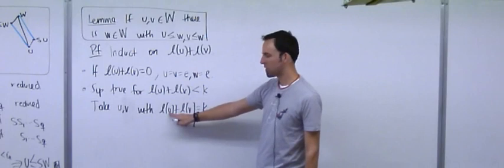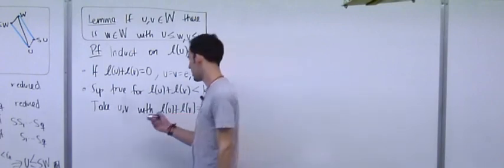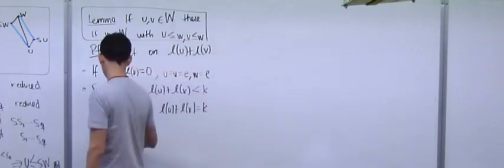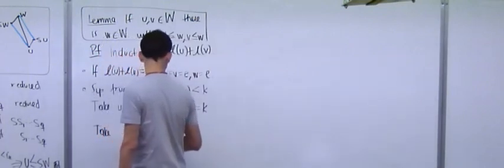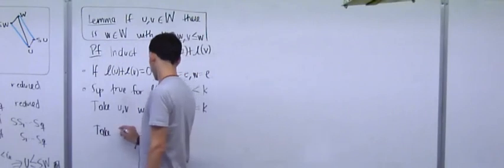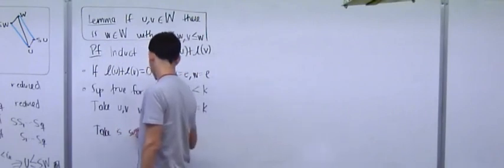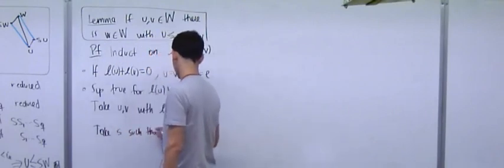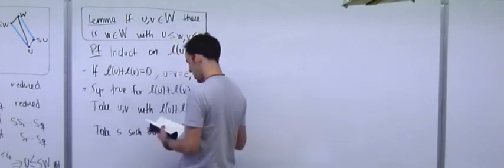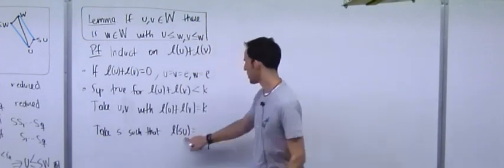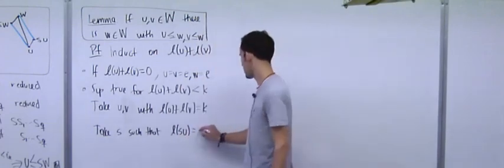Of course, I want to reduce to a smaller case, and so what I want to do is take something that will make u shorter, and then apply my induction hypothesis. So let me take S such that when I multiply it by u, it becomes shorter.